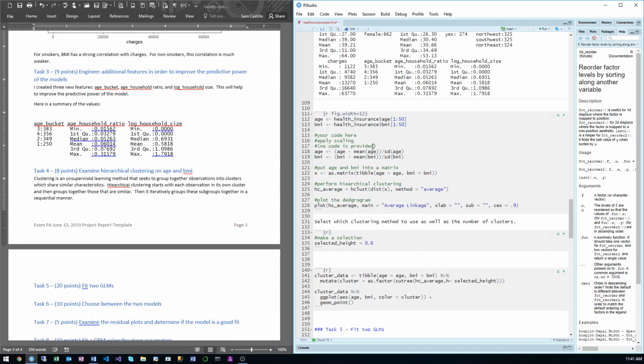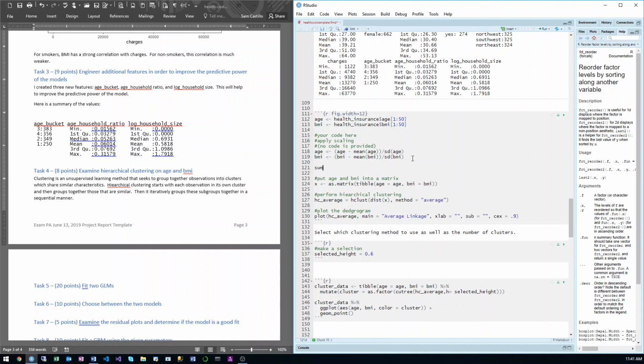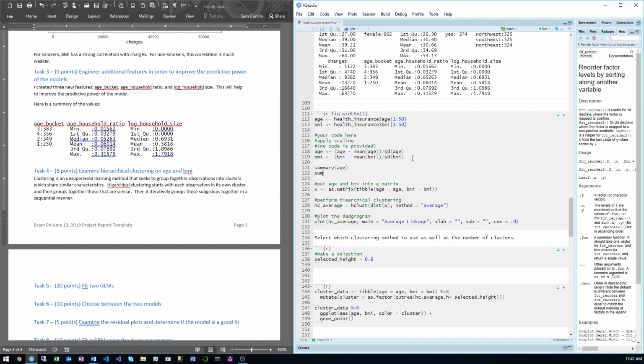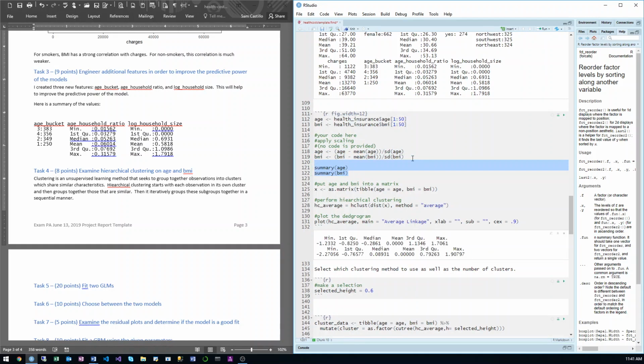And then if you look at the summary of age and the summary of BMI, I can see that they both have a mean of 0, which means that they're on the same scale, which is what we want.